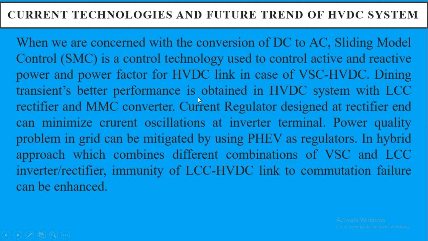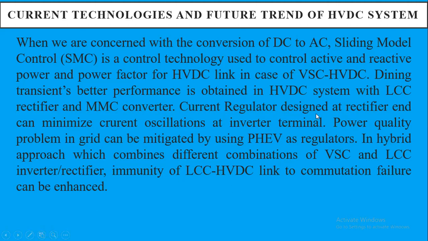transient better performance is obtained in an HVDC system with an LCC rectifier and MMC converter, where the rectifier is located on the transmitting side, and the MMC converter is on the receiving side of the HVDC transmission line.